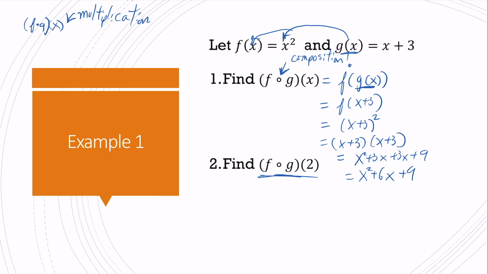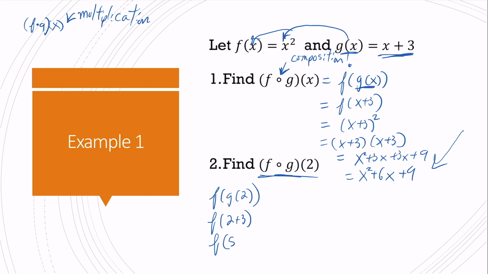If I want to find f composed with g of 2, I could substitute it in to f composed with g, or I could take f of g of 2. Well, f of g of 2 would be 2 plus 3, because g of x is x plus 3, so I take 2 plus 3.